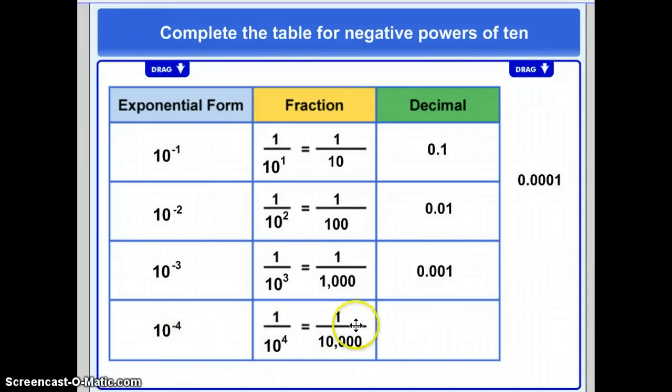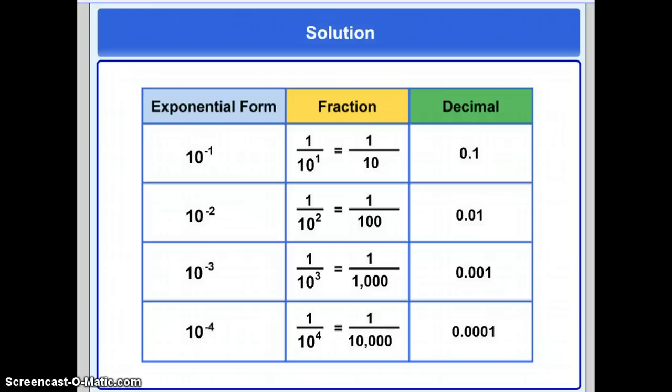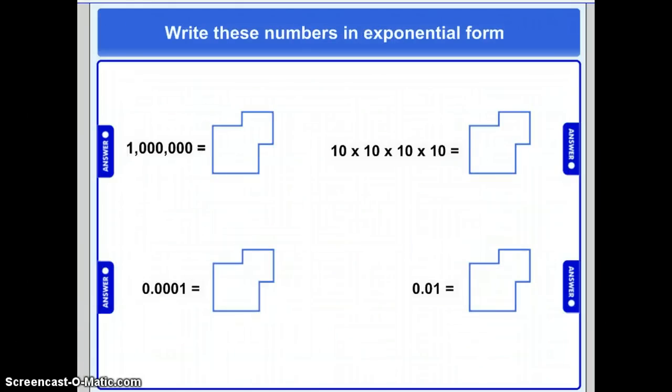Since this is a negative exponent, we have a fraction, 1/10,000th, and written in decimal form we have it here. And there we checked. All right, moving on to a few more.